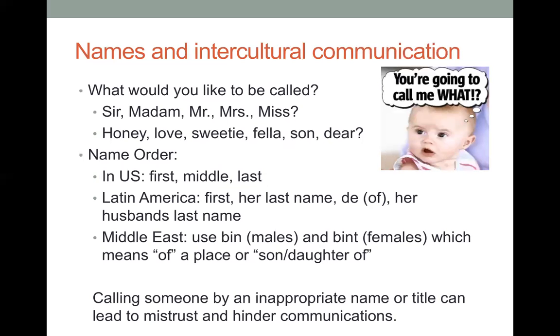And so calling somebody by an inappropriate name can hinder communications as well as reduce trust. I always say it's best to start out formally, calling somebody Mr. or Mrs. or doctor or nurse or professor, and then have that person tell you, oh no, just call me Rose or just call me Corrine. That's okay.